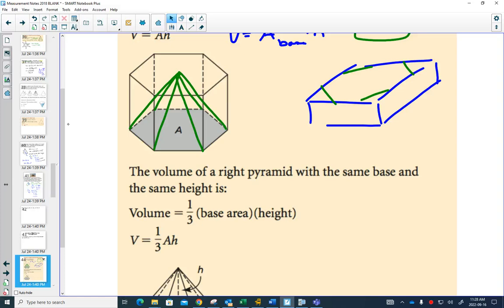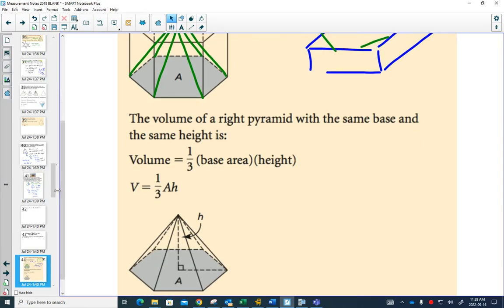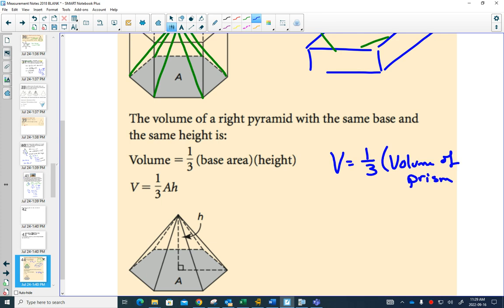And so the volume of any pyramid is just 1/3 of the prism. Maybe we'll write that. It's just 1/3 the volume of the prism.